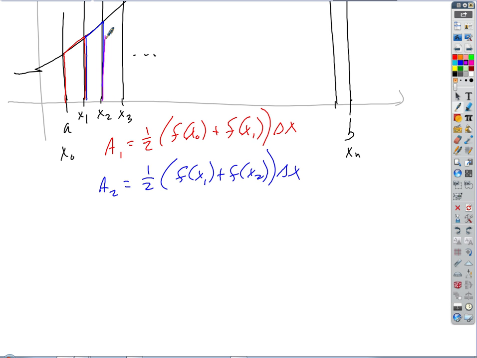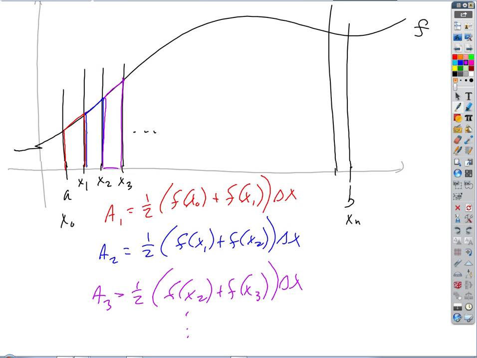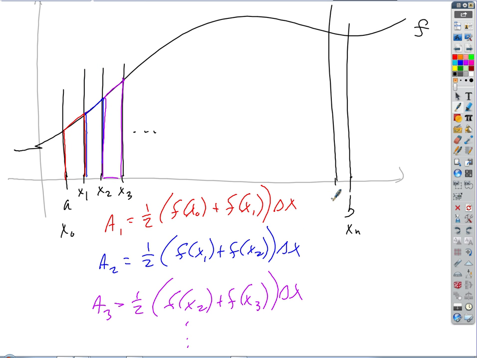Third one's going to be purple. Okay, so A sub 3 is 1/2 times f of x sub 2 plus f of x sub 3 times delta x, right? Let's go all the way up. Let's just do two more. So this is x sub n minus 1. That's x sub n minus 2, right? So let's do this guy.